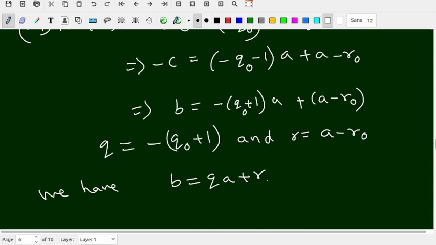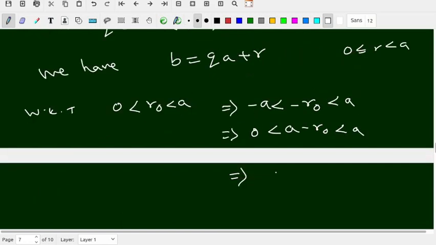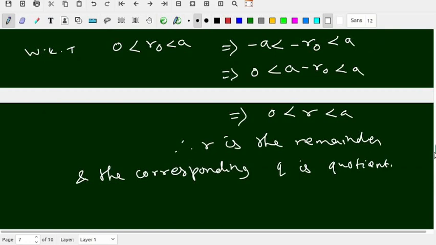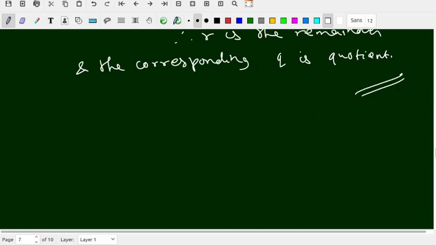If we add a on both sides, 0 less than a minus r naught less than a. So r is the remainder, and the corresponding q is the quotient. That's all for the division algorithm procedure for finding the quotient and remainder for negative b and positive a.